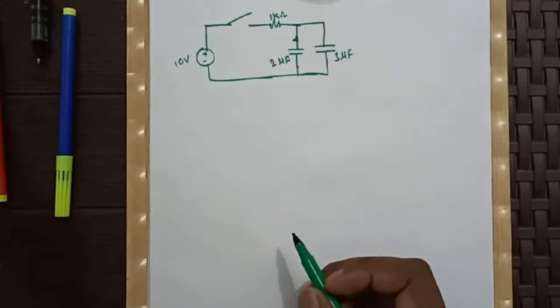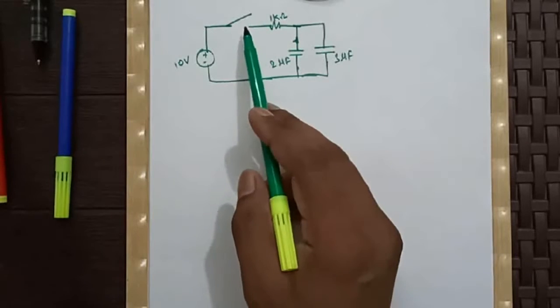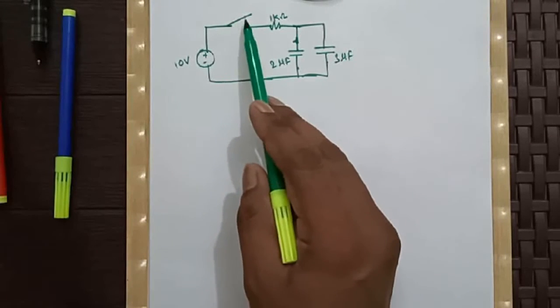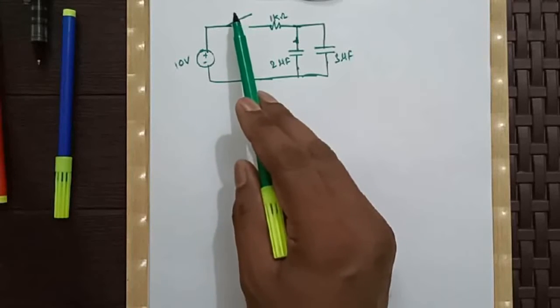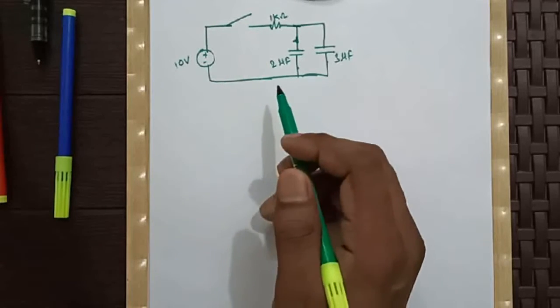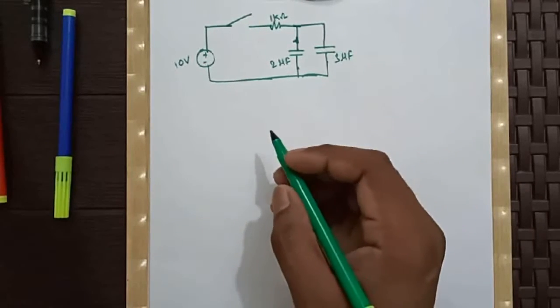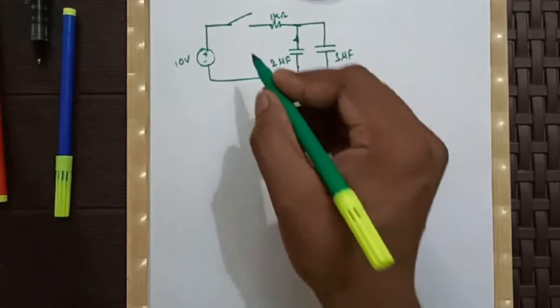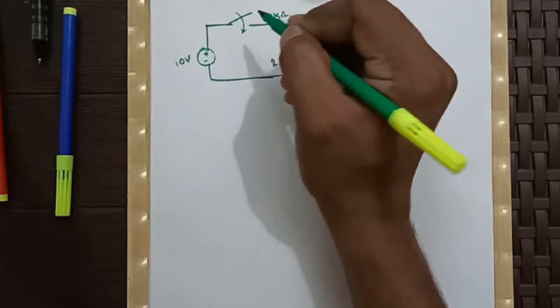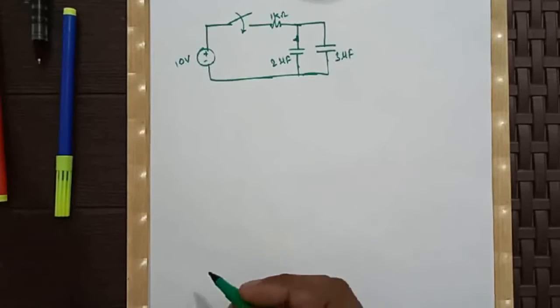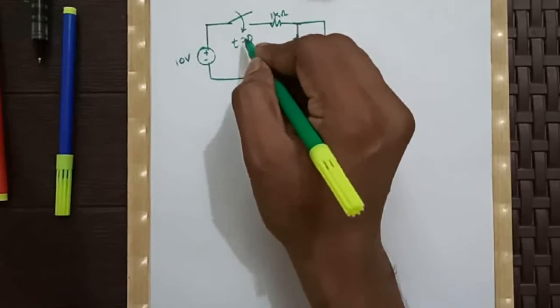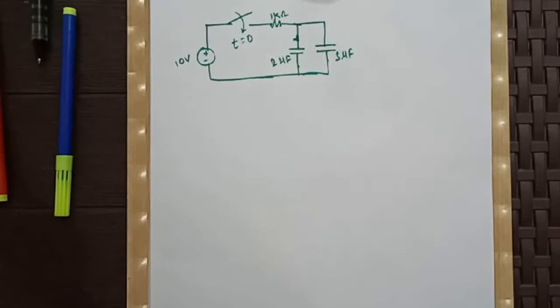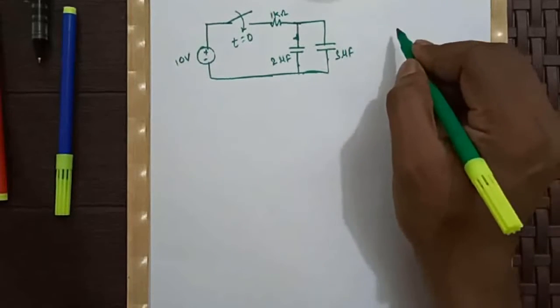Notice that I haven't shown in this picture whether the switch is getting closed at time t equal to 0 or getting opened. To clarify that, I am giving an arrow which shows that this switch is getting closed at time t equal to 0.